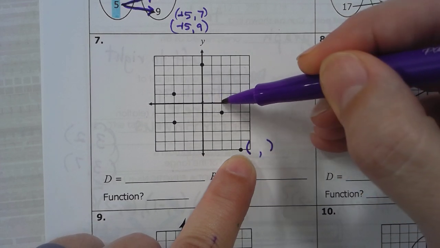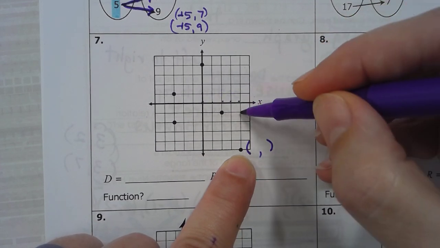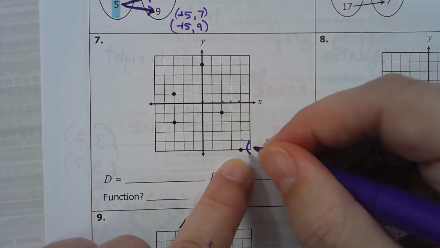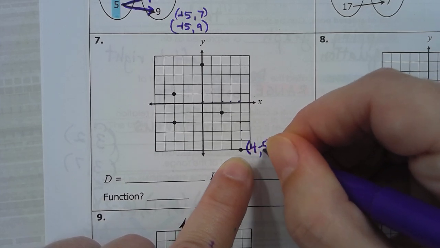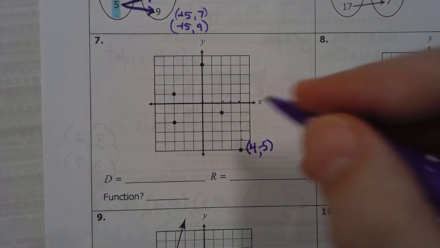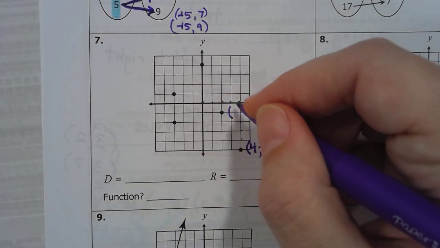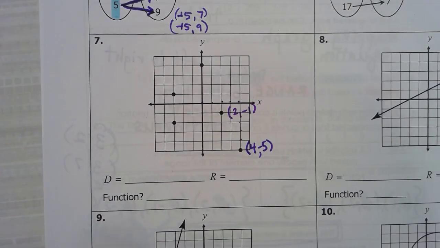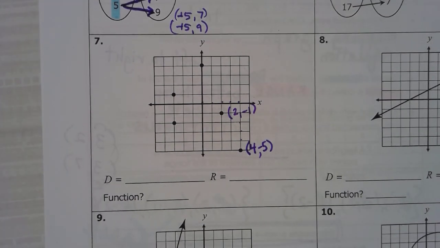So we're going to go over 1, 2, 3, 4, down 1, 2, 3, 4, 5. So this point is 4, comma, -5, right? And you can write down the names of those ordered pairs, 2, comma, -1, and you can just have them all written down. And then you see all the ordered pairs. You write the numbers for the X's in order, write the numbers for the Y's in order, right?